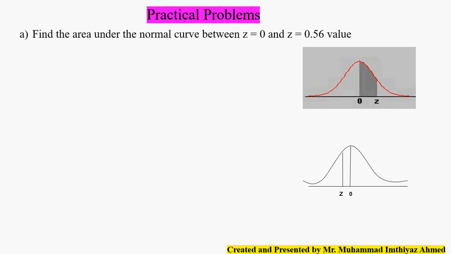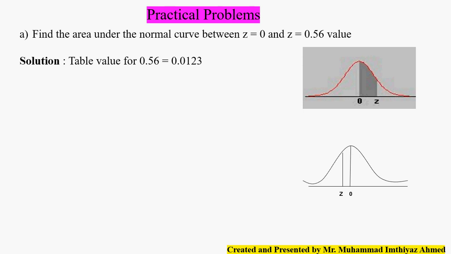So problem number 1. Find the area under the normal curve between z equal to 0 and z equal to 0.56. Now you can see the values are positive, so it is moving from 0 towards right. So what we need to do, step number 1, we need to find the value of z from the table.